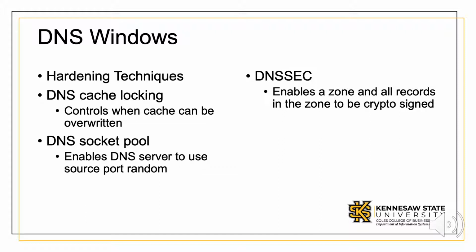Another hardening technique would be DNS socket pool, which enables the server to use source port randomization. Instead of using port 53, you can use whatever port you want. It gives a little more security because whoever is trying to hack into the system has to figure out which port the DNS is on.